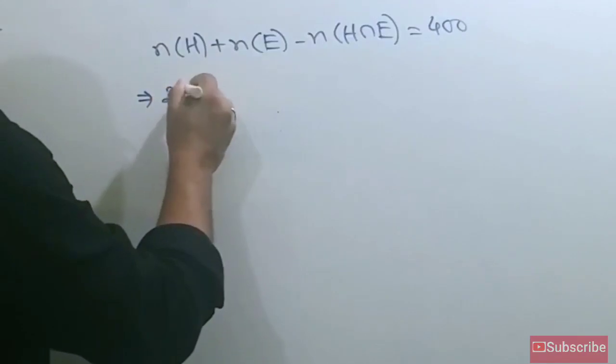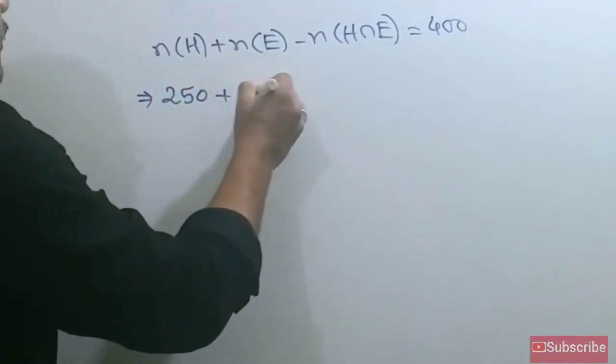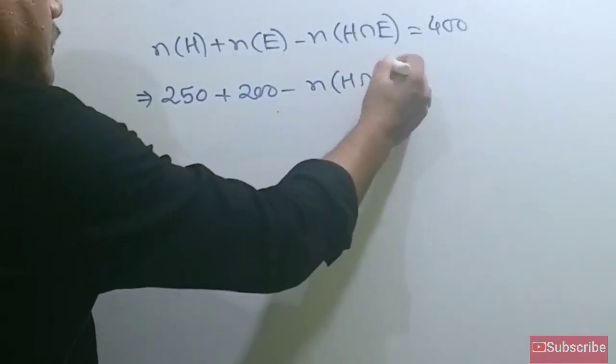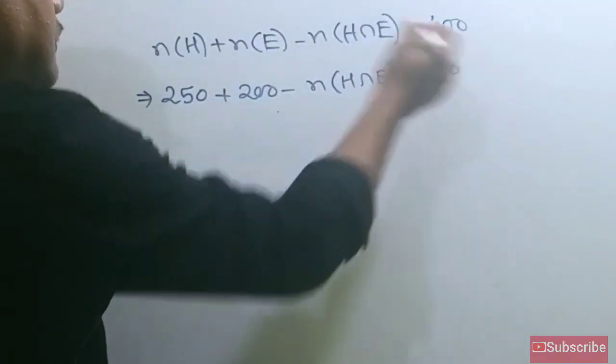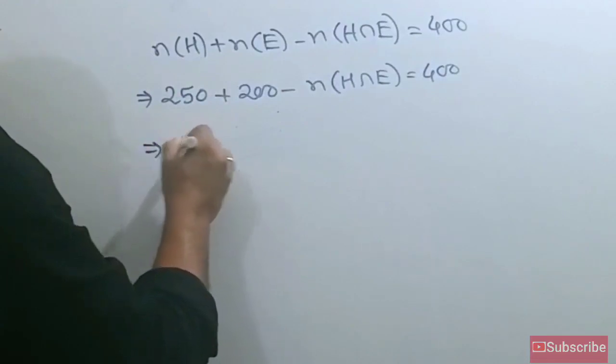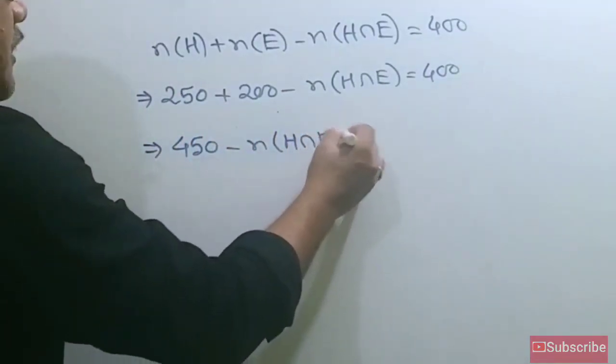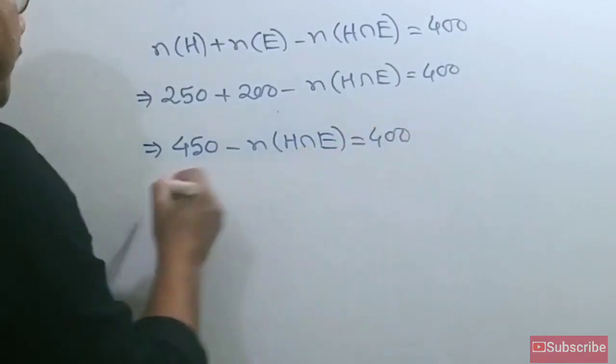This is 250 plus n(E) 200 minus this, which is to be found out, equals 400. Now it is 450 minus n(H intersection E) is equal to 400.